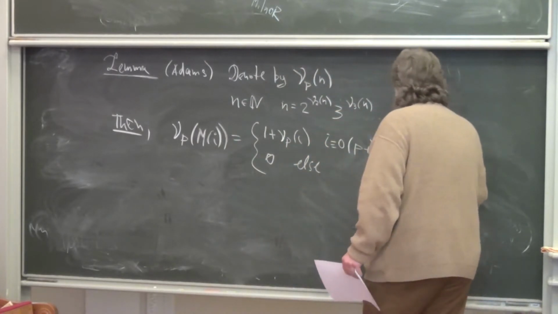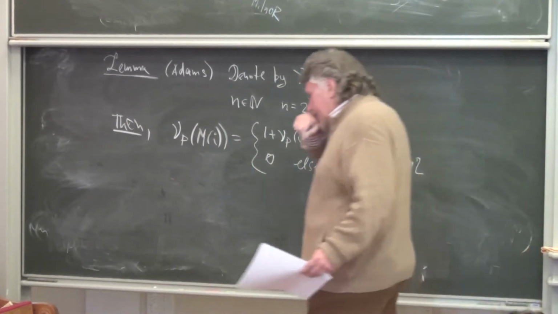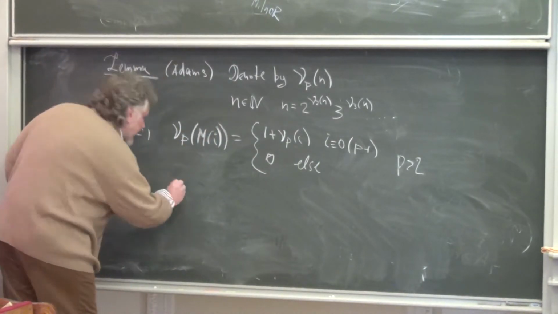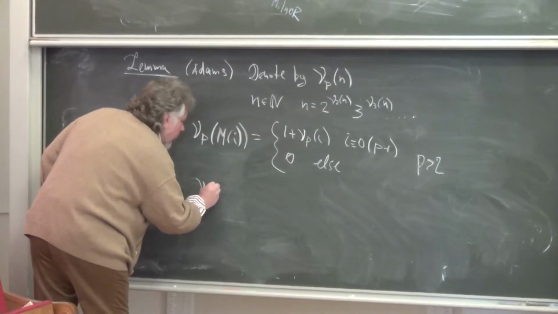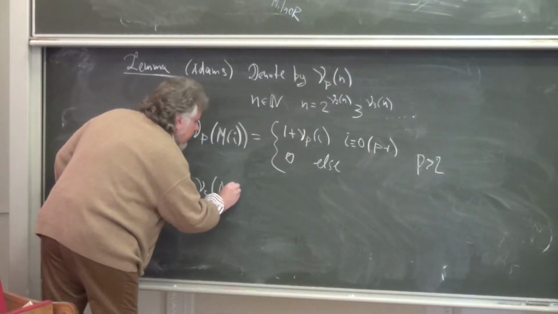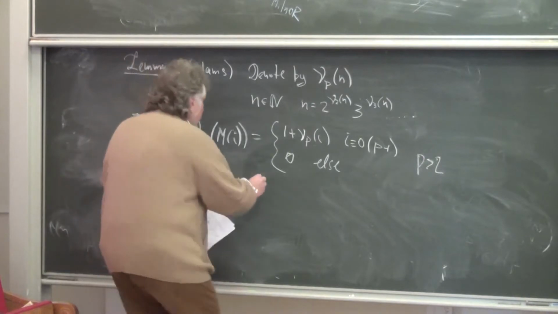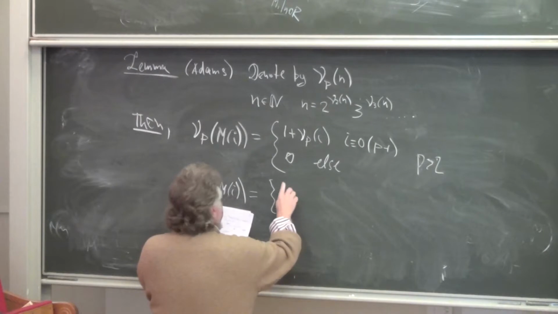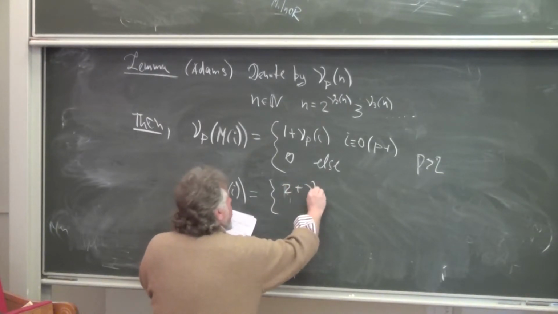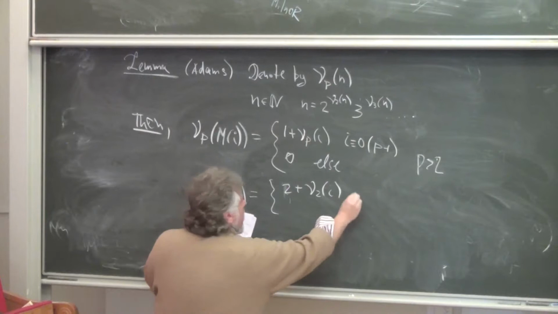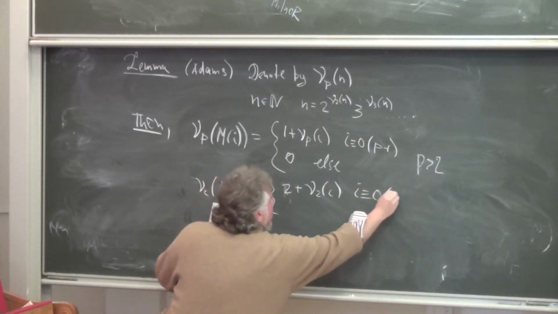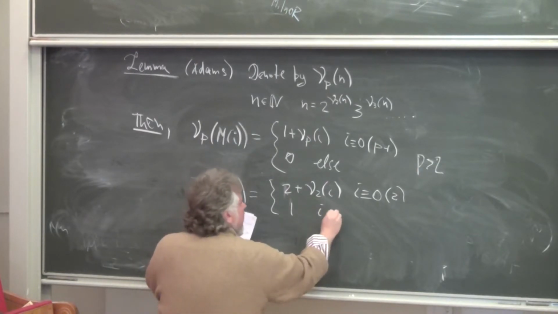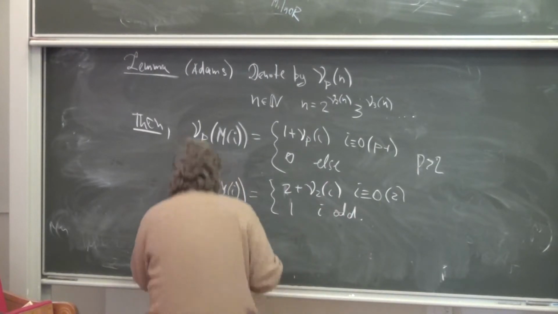That's true for p greater than 2. And actually, I'm not interested in the case p equals 2, but just for completeness, I give you the result for nu 2 of m of I. This is 2 plus nu 2 of I for even I, and this is 1 for I odd.